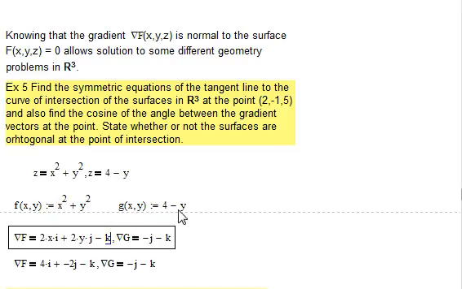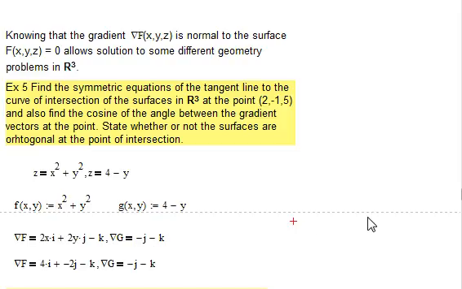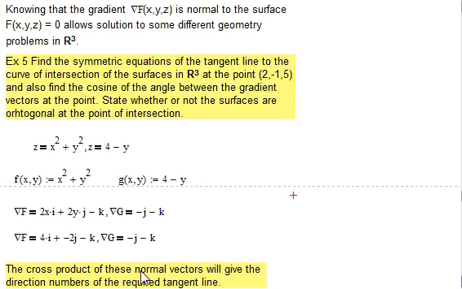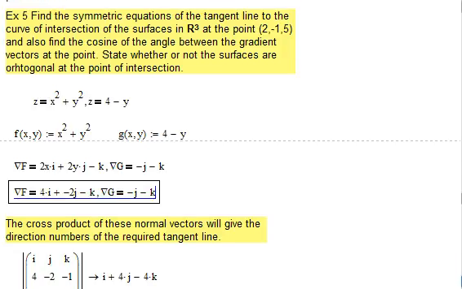And del g, same thing, -1y, so -1 is the derivative, so negative j minus k. And so we've got our two vectors, and the cross product of these vectors will give the direction numbers of the required tangent line.